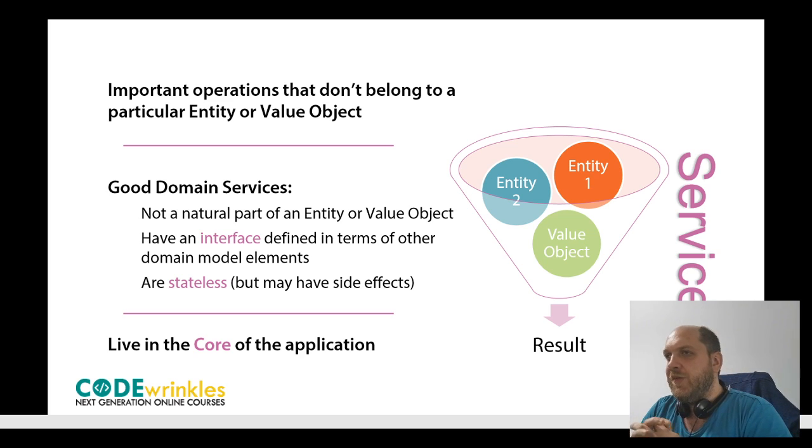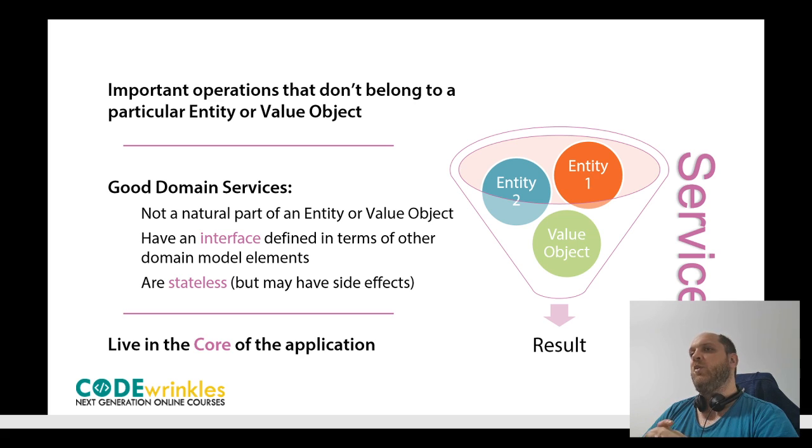And here, for instance, we have an example: two different entities and a value object. We put them together in such a domain service, and it basically outputs a certain result. This would be a very common use case for what a domain service might look like. From this image, we can also think that we would use domain services whenever we have to perform a certain type of behavior that extends outside of one specific entity or value object.